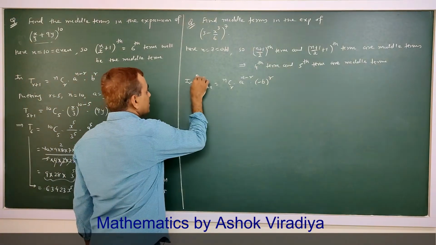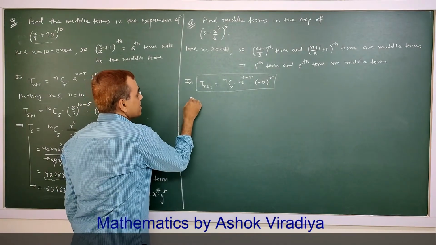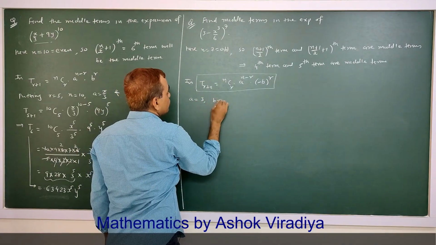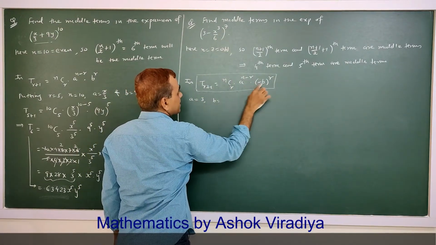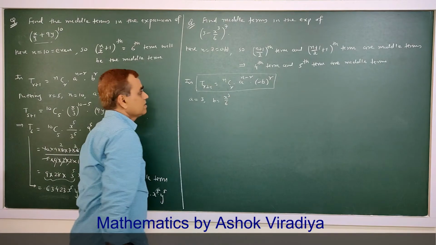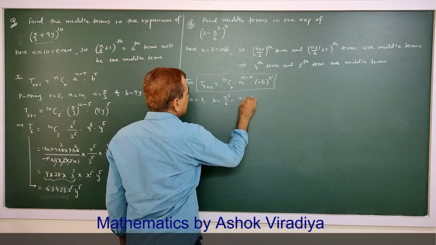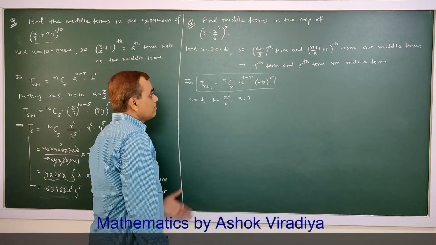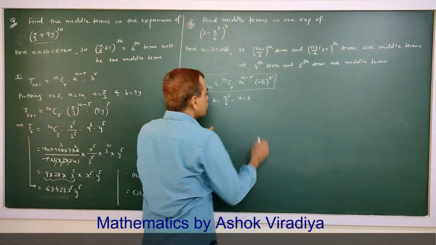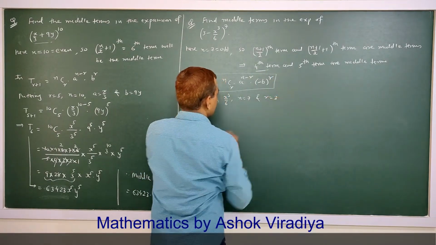In this formula we are putting a equal to 3, b is x cube by 6, n is 7, and r equal to 3, because to obtain the 4th term we have to take r equal to 3.